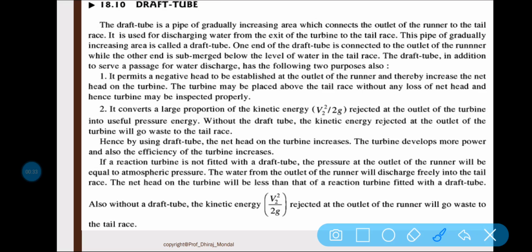What is a draft tube? It is a gradually increasing area pipe which is connected at the outlet of the reaction turbine.